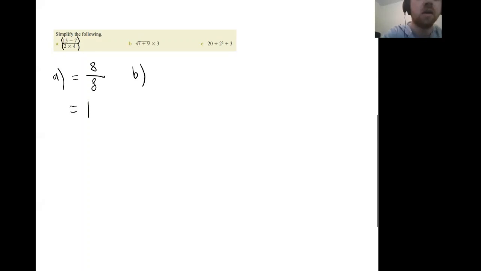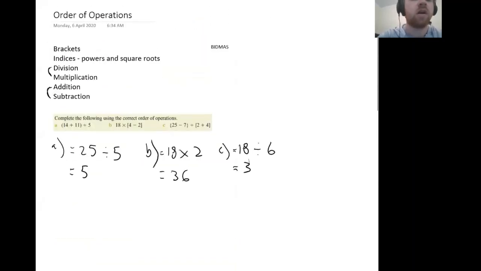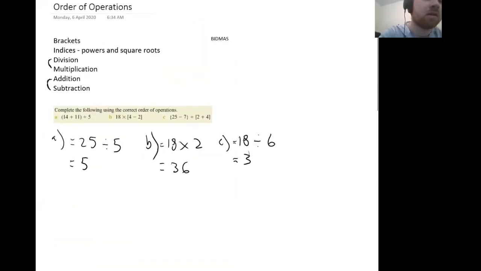Okay, B here, we've got a square root. So when we have a square root sign as well, if everything is underneath that square root sign, there's also a hidden bracket there. So you need to simplify everything under the square root sign before you then do the square root. So just beware when it comes to the order, this brackets one here is important.